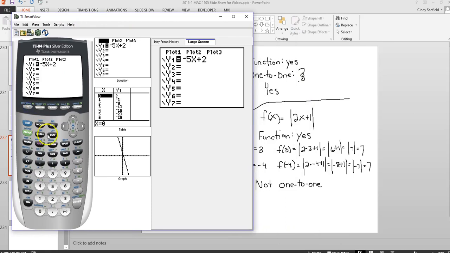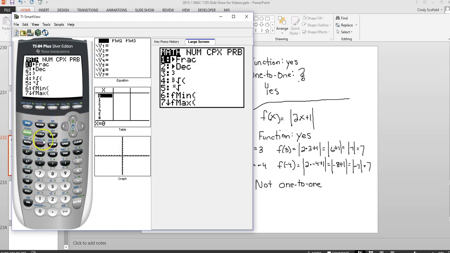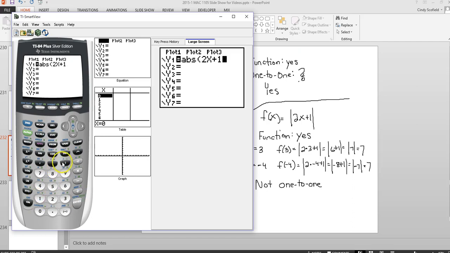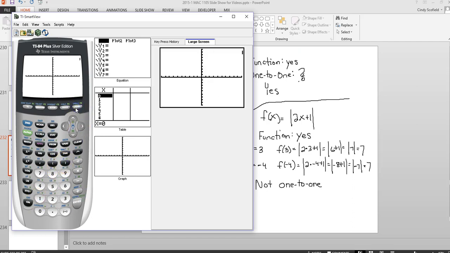Okay, now let me instead put in absolute value of 2x plus 1 and hit graph. It's a V shape. That's the classic absolute value shape.